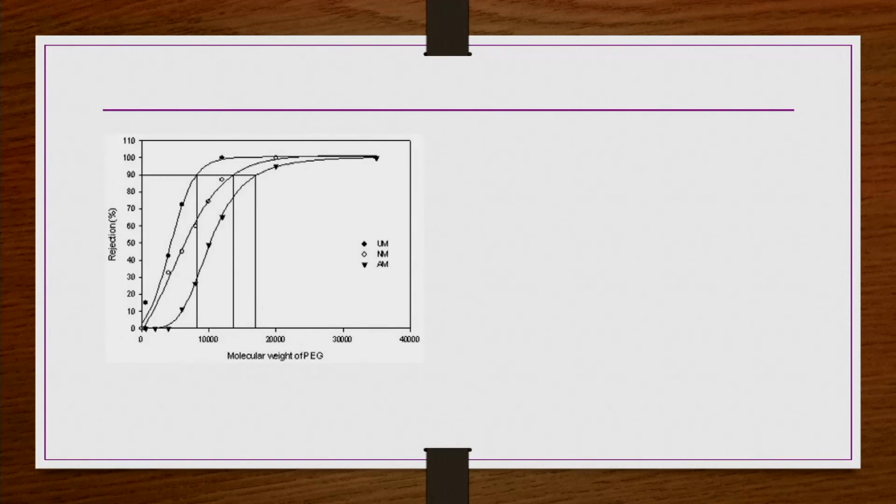Okay. So now we see a couple of pictures about the molecular weight cutoff. Now here in this first picture, on the x-axis we can see the molecular weight of PEG. That means these are different PEG solutions prepared, which are PEGs of different molecular weights, like 100, 500, 1000, 10,000, up to 1 lakh molecular weight or even more.